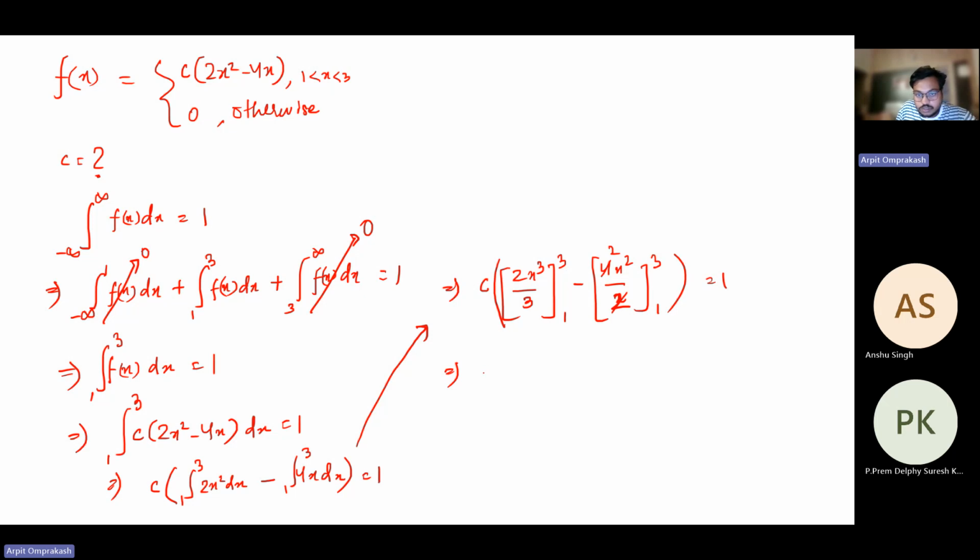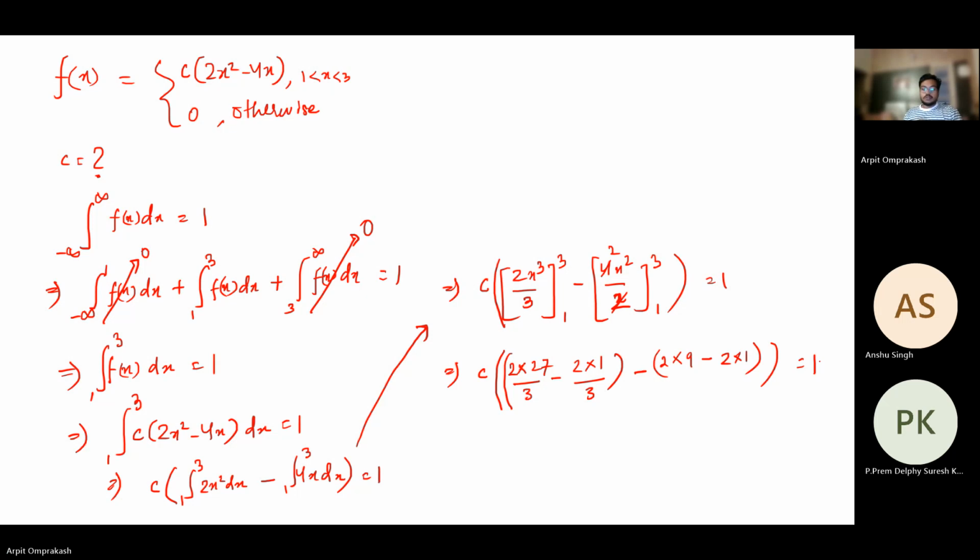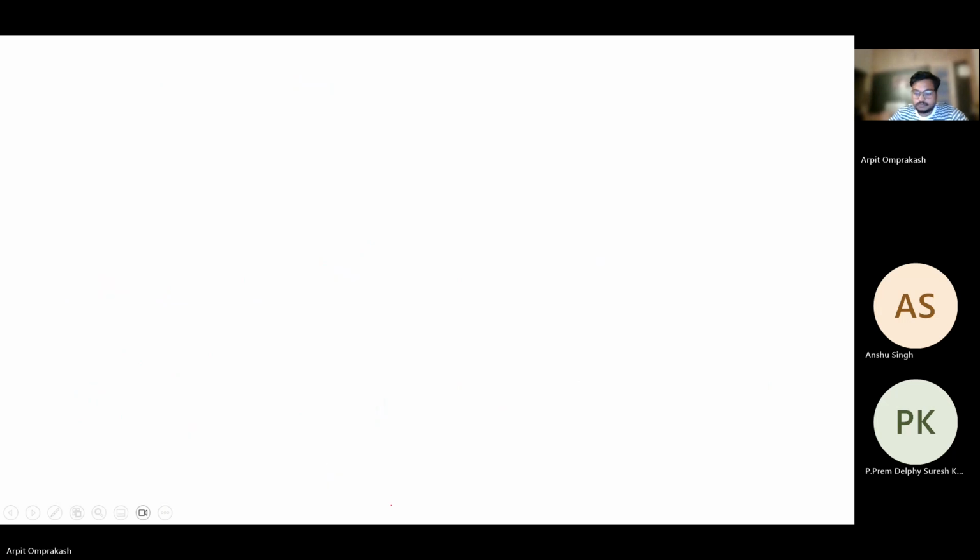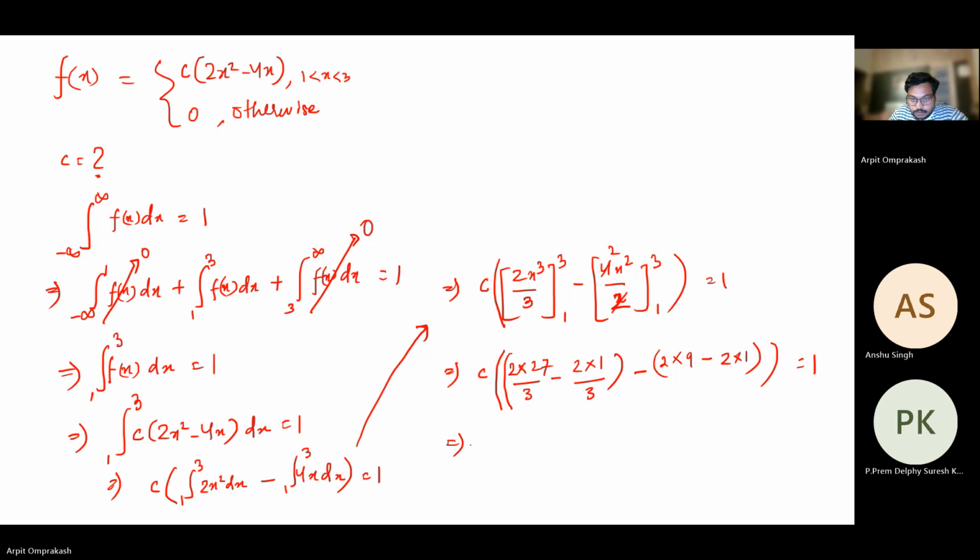If we put the values in, 2 into 3 cube is 27 by 3 minus 2 into 1 cube is 1 by 3, minus 2 into 3 square is 9 minus 2 into 1 square is 1. 54 minus 2 is 52 by 3 minus 18 minus 2 is 16, into c equal to 1.